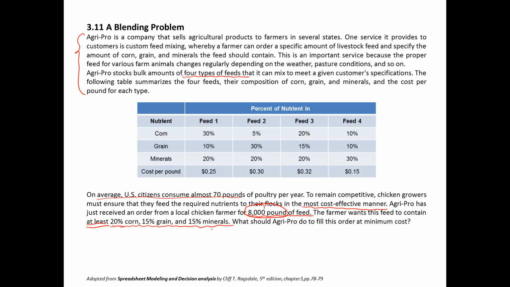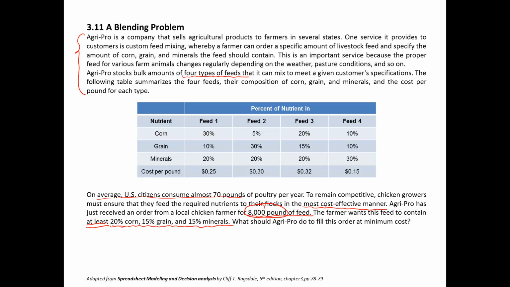In this one, it's how much you put in each feed, feed 1 through 4. It's kind of like a feed portfolio here. So that's the decision, how many pounds to put in this total mix, or you can use percentage again, but we'll just use pounds. It's more straightforward this way. Then those are our decision variables, and that's our decision.